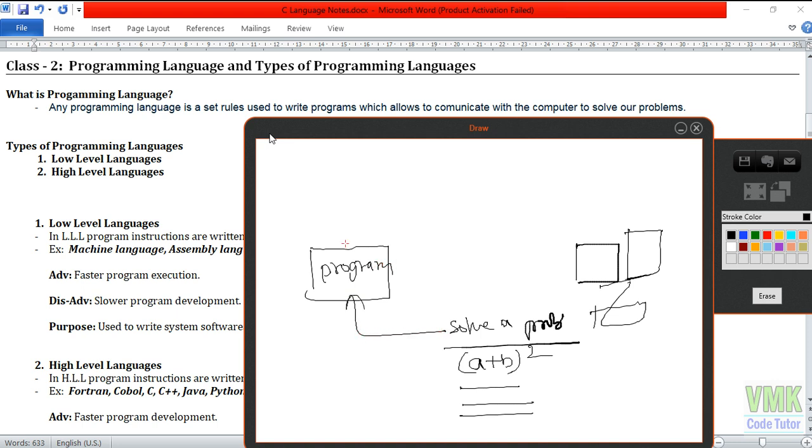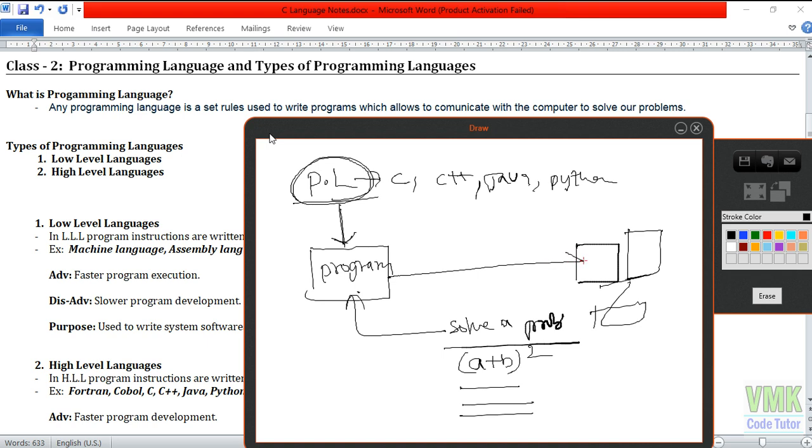Where do you write this program? Programs are written in programming languages, like C, C++, Java, Python, etc. So programming languages allow us to write programs. Using these programs we communicate with the computer to solve our problems.